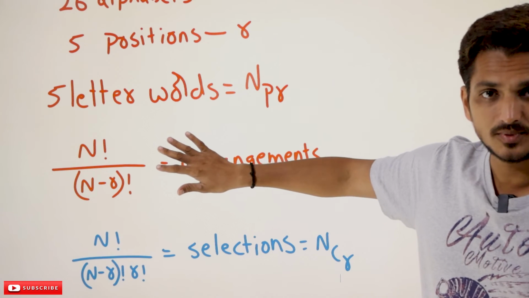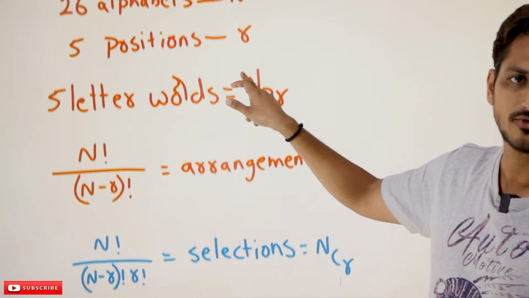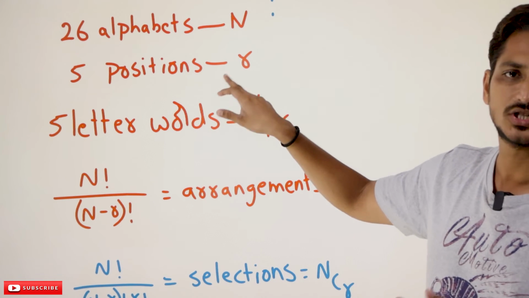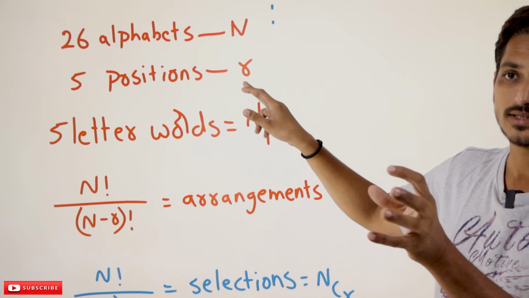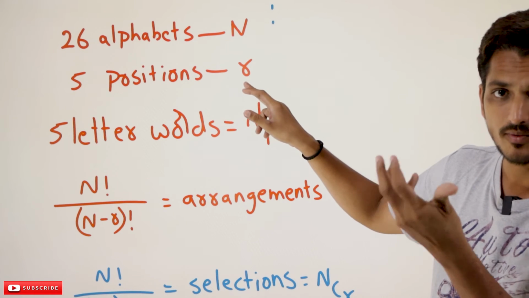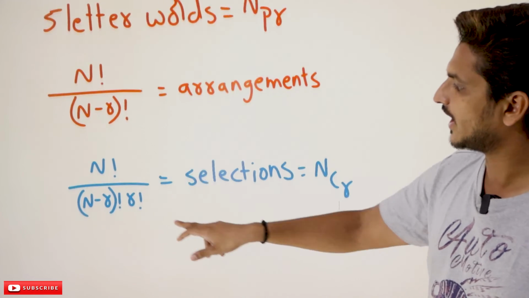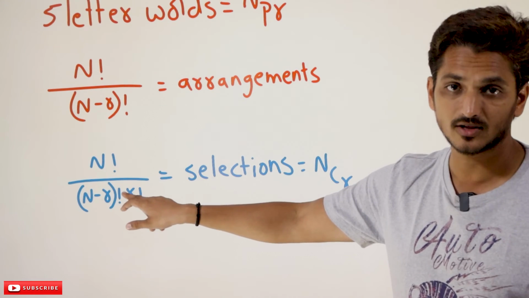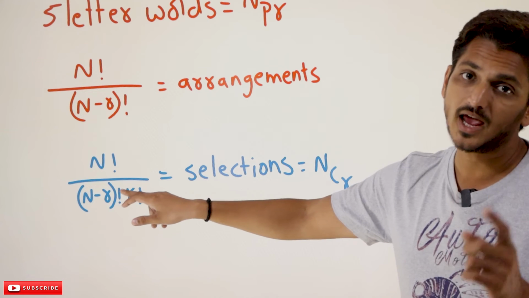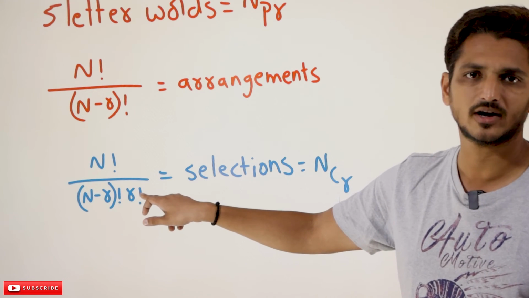From these total arrangements, we need to divide by r factorial. Why r factorial? 5 positions, 5 factorial in the above example. We are selecting 5 alphabets from the 26. This is the r value. So 5 factorial, r factorial. n factorial by n minus r factorial is the formula for nPr, means arrangements. For this formula, divide by r factorial.